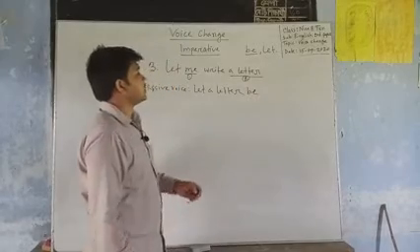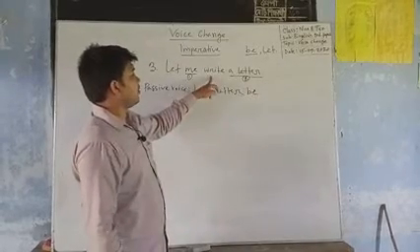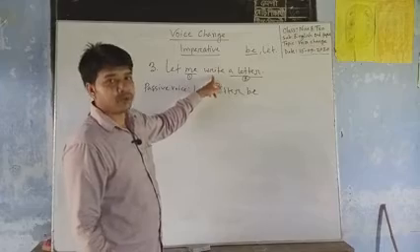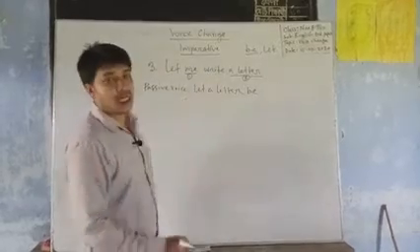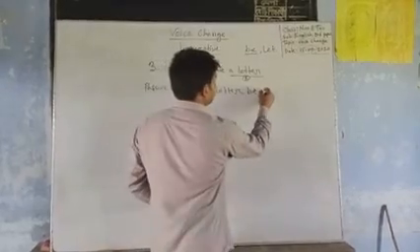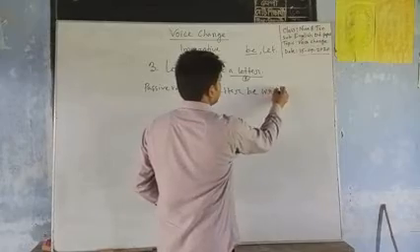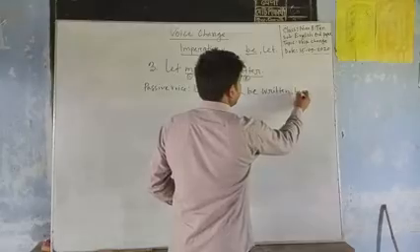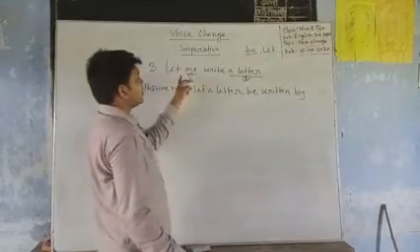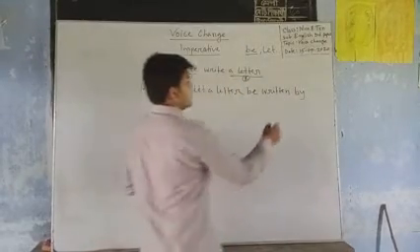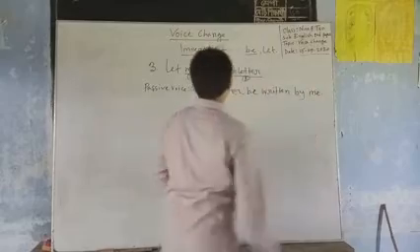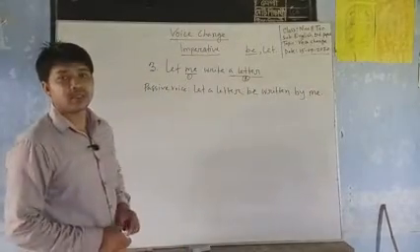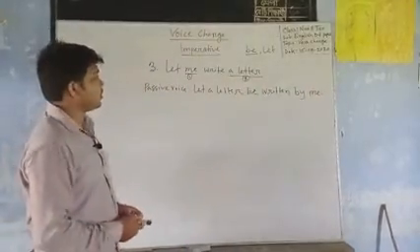And then you have to use the past participle form of the main verb: write, wrote, written. And then comes a preposition, by. And then comes the first object, me. Let a letter be written by me, for the third rule.